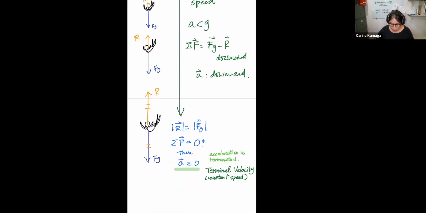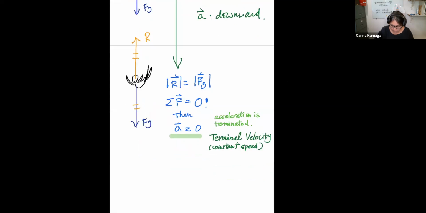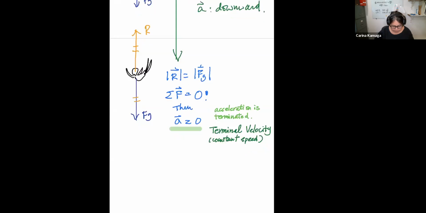And once the resistance becomes the same as the gravitational force, we say the person is at terminal velocity, and acceleration is terminated. So let me define terminal velocity here.